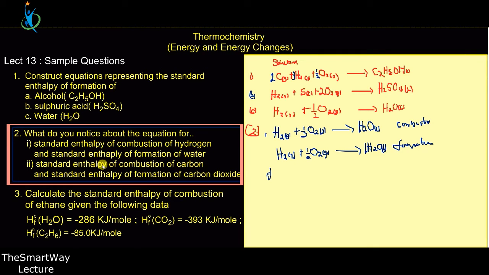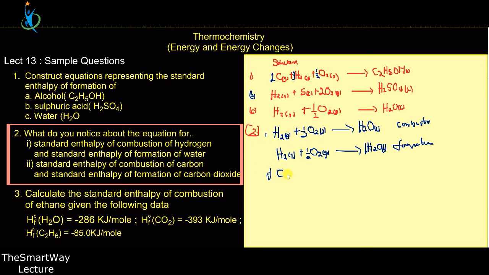Now, good. The next question says, what do you notice about the standard enthalpy for the combustion of carbon and the standard enthalpy of formation of carbon dioxide? So let's also write the equation and see what the difference is. Okay, so here the first one is combustion of carbon.